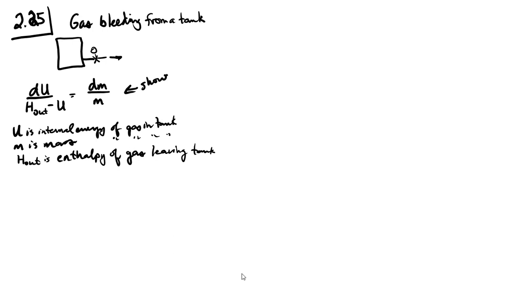So that's what H out is. And I'm also going to write m dot out is the mass flow rate of gas leaving the tank. So I'll put an H out and an m dot out up here if you want to have a schematic.